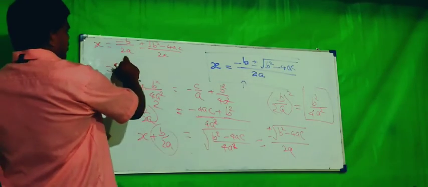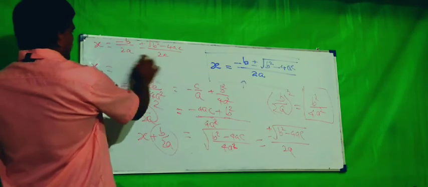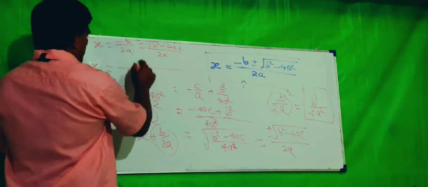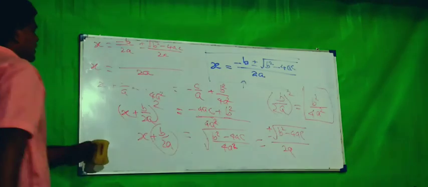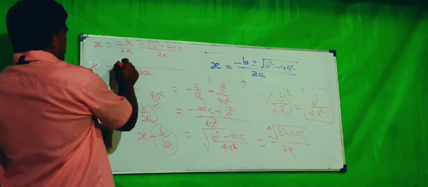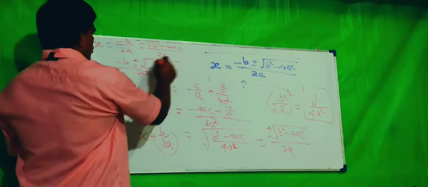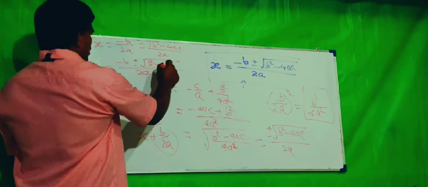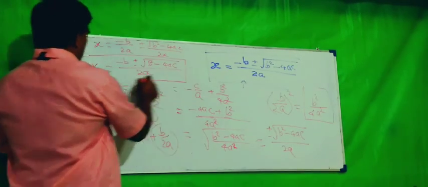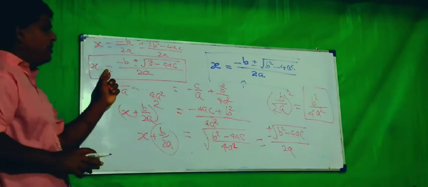Here the two fractions are simplified on the right side. The denominators are equal, then the denominator is 2a. The numerator is minus b plus or minus the square root of b squared minus 4ac, and this is the formula for solving quadratic equations.